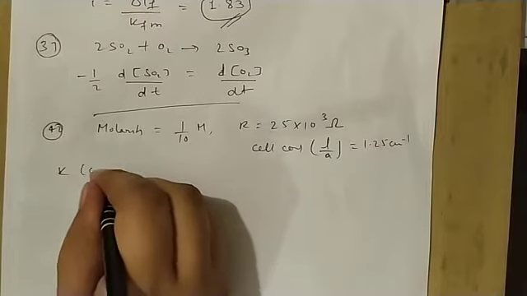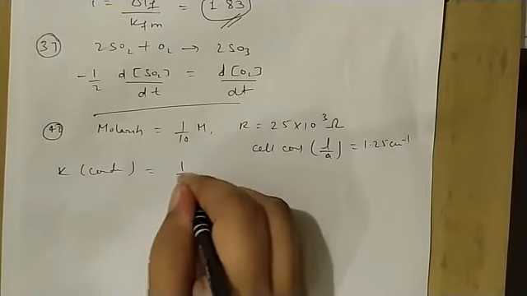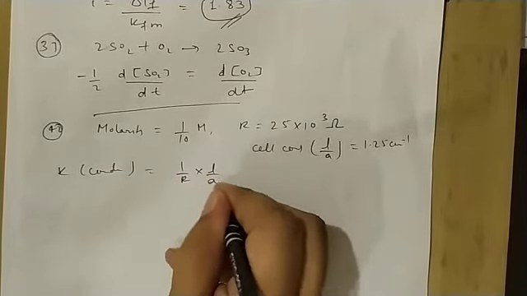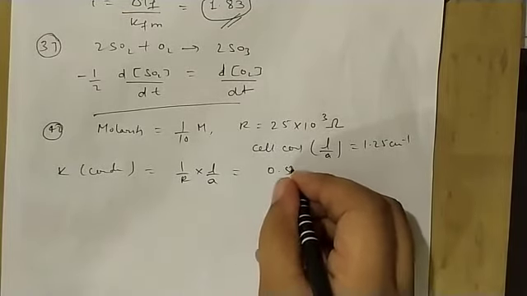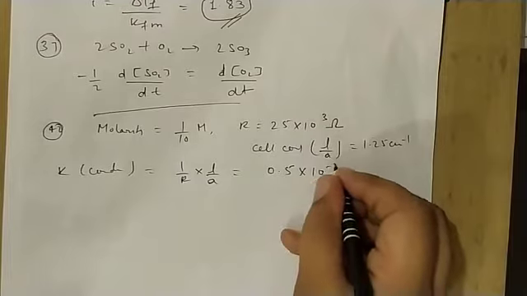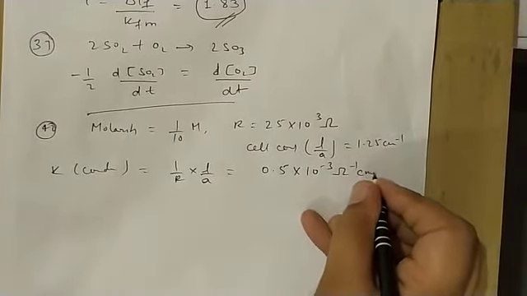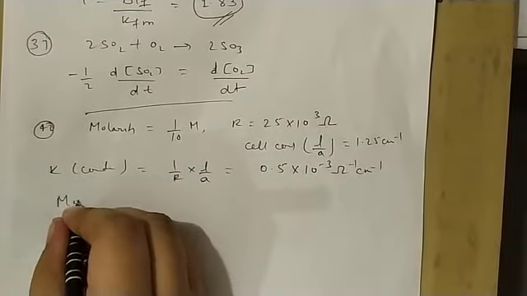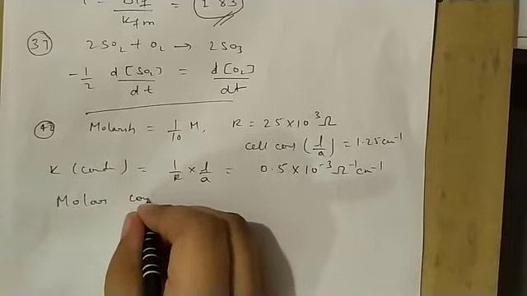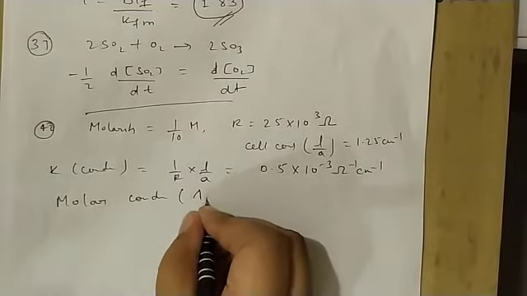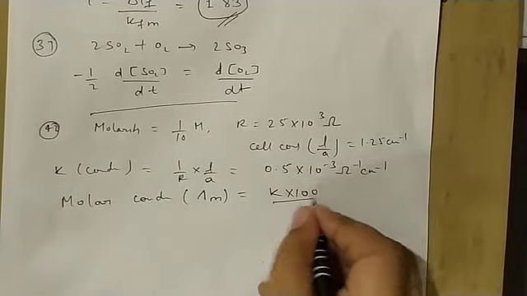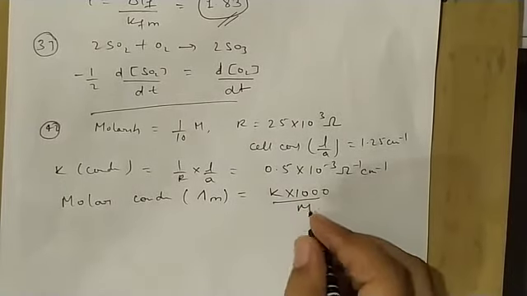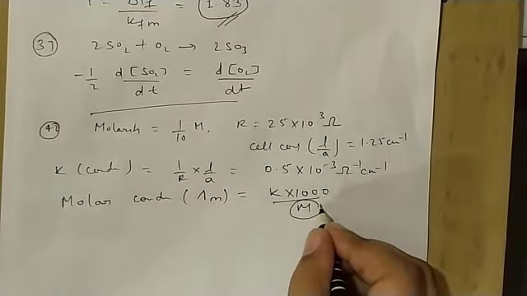Conductivity K will be equal to 1 by R into L by A. We will put the value here and solve it. The value comes out will be 0.5 into 10 to the power minus 3 ohm inverse centimeter inverse. If we talk about molar conductivity, that will be represented by lambda m will be equal to K into 1000 upon m. The value of m is given 1 by 10.